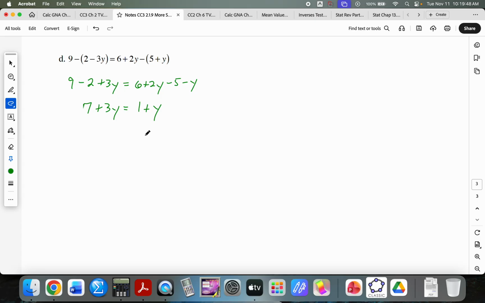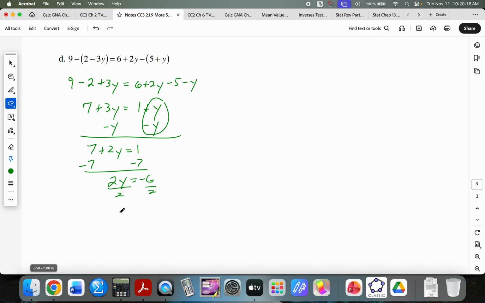All right. So I'm going to make 0 pairs by subtracting 1y from both sides, so that I've got a 0 pair over here. So that's 7 plus 2y equals 1. Make a 0 pair with the 7s. And I get 2y is negative 6.